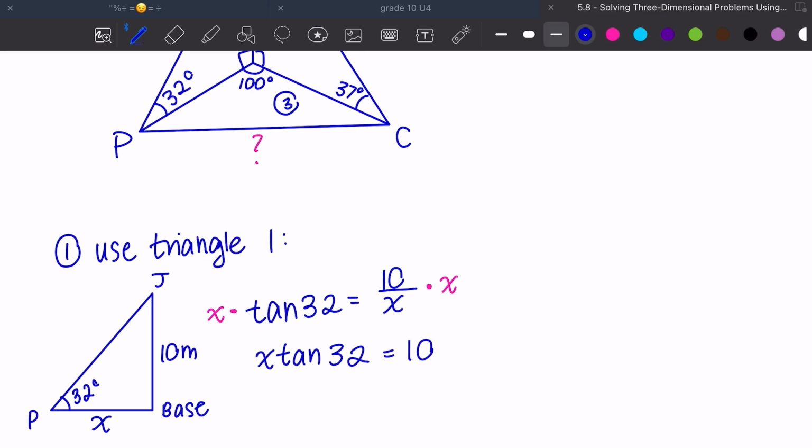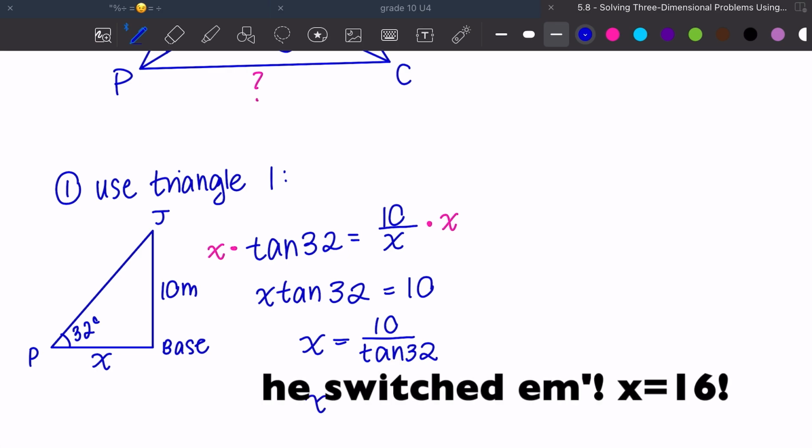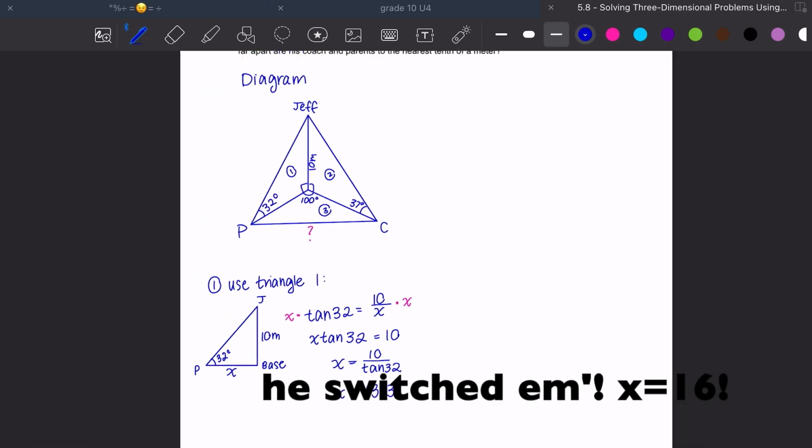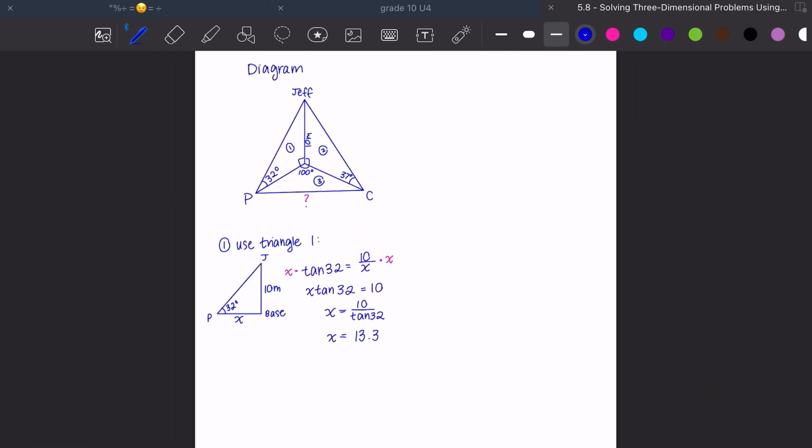Okay, and then I have to isolate X, so I divide by tan 32. What did you get when I do 10 divided by tan 32? 13.3. Cool. Okay, so now I know that one.